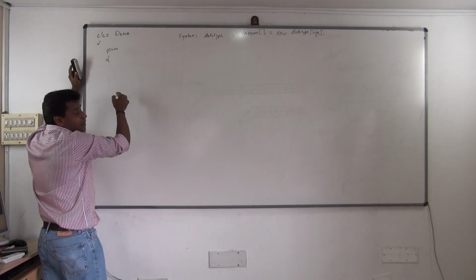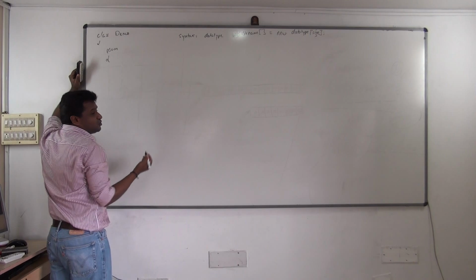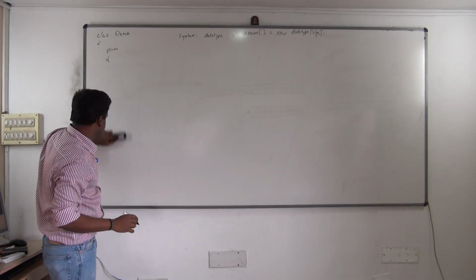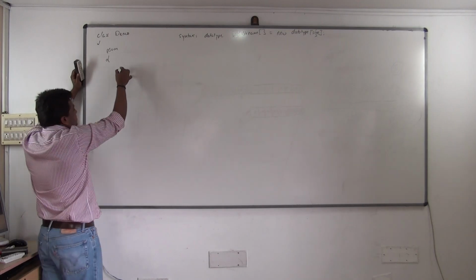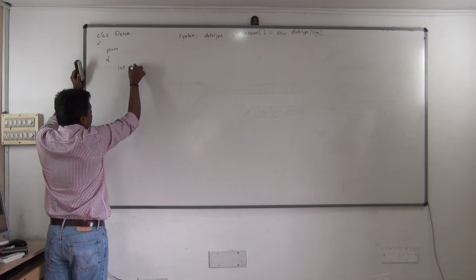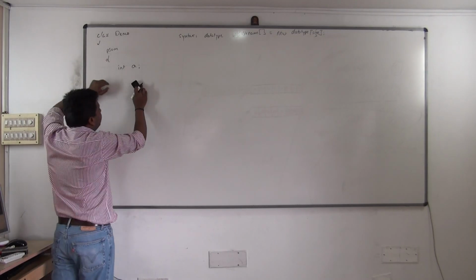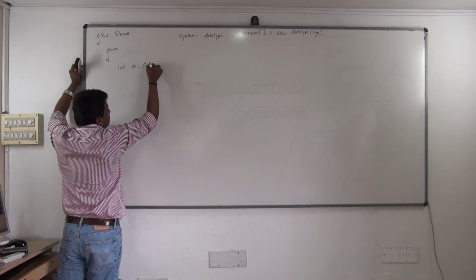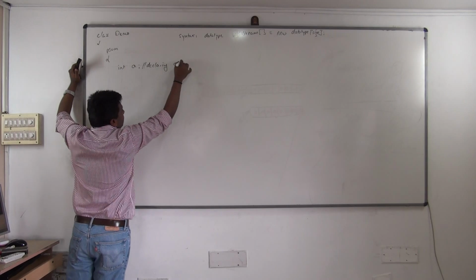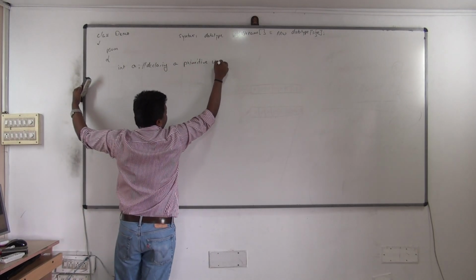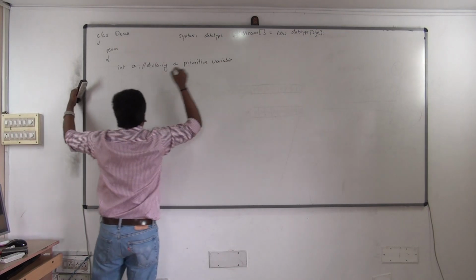Okay, now see this. How we'll do. See, if I tell you I want to store multiple values. Always remember, till now you learned the primitive types. This is the way you write the code. Int a is declaring a primitive variable. Then next what you do?